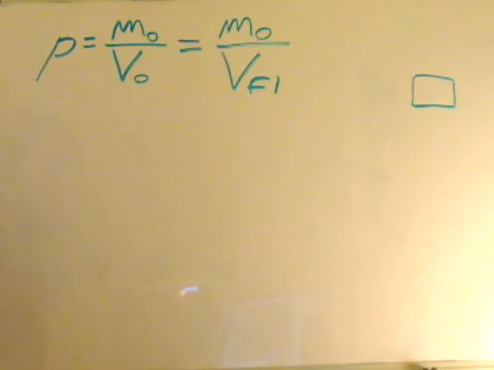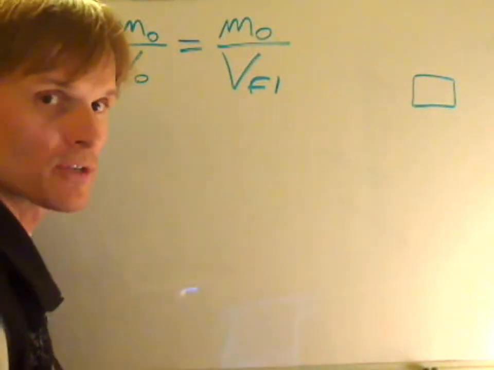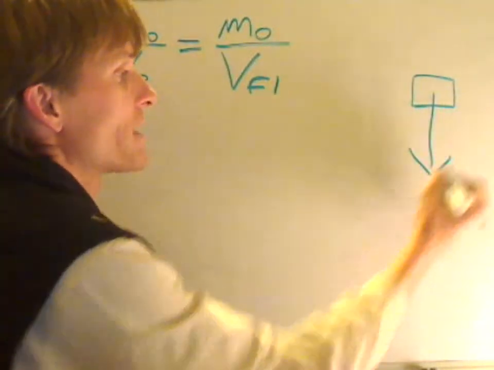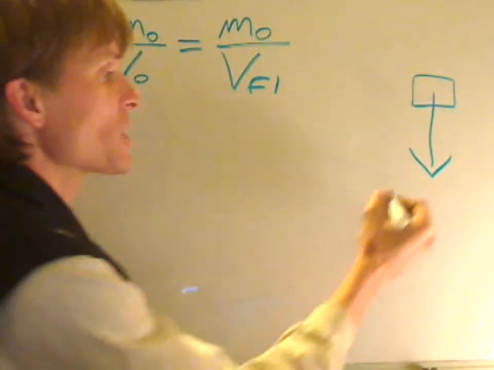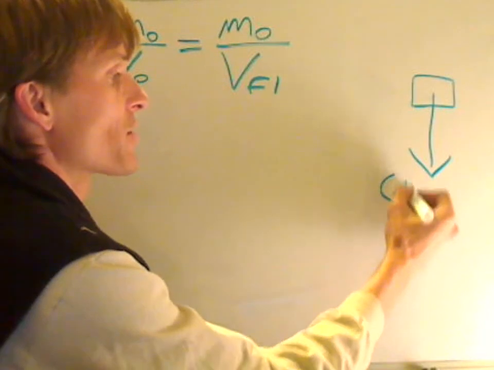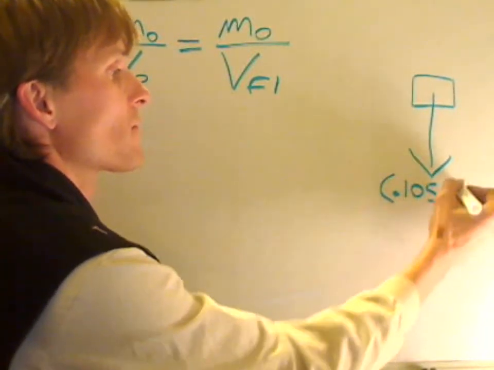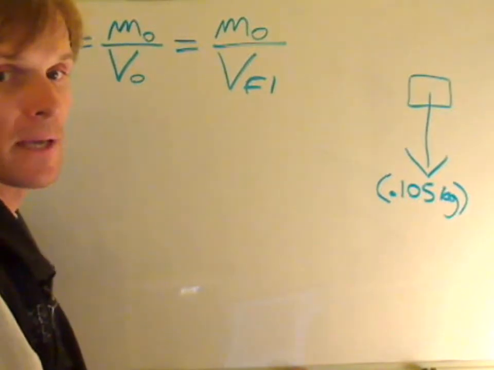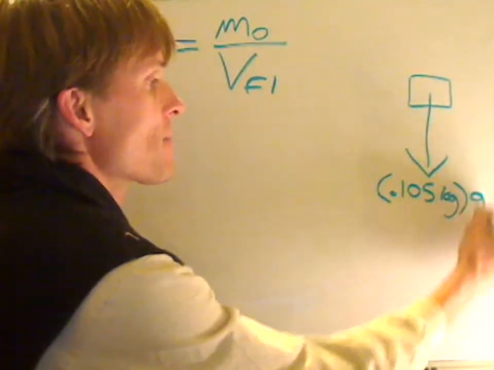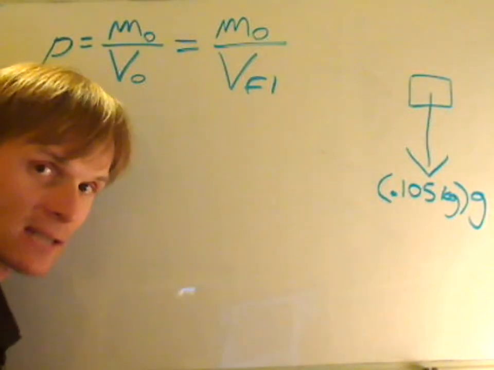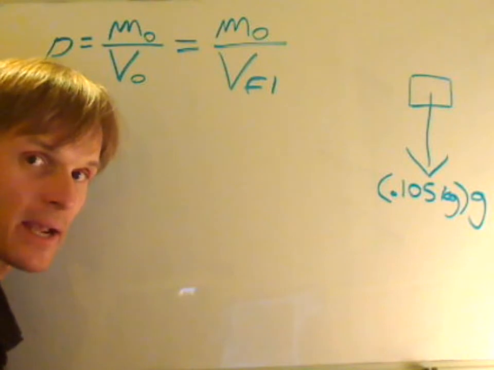Okay, so let's look at a little free body diagram for what's going on with our object here. There's some weight of the object pulling down, and that weight is mg. M was 105 grams, and that's 0.105 kilograms, times g. So there's mg for the object. And we're told its apparent mass is 93 grams.